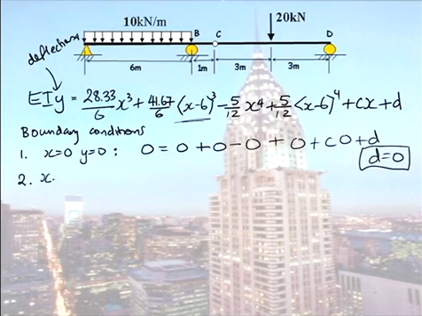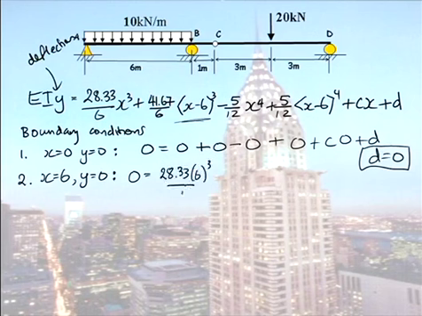So that's an easy one for you. Our second boundary condition, when x is 6, y is 0. So there's always one easy one for simply supported beams and one more difficult one. So this time round, our deflection is 0 again, and it's 0 when x is equal to 6. So now when I get to my second term, I have 6 minus 6, so that's 0.